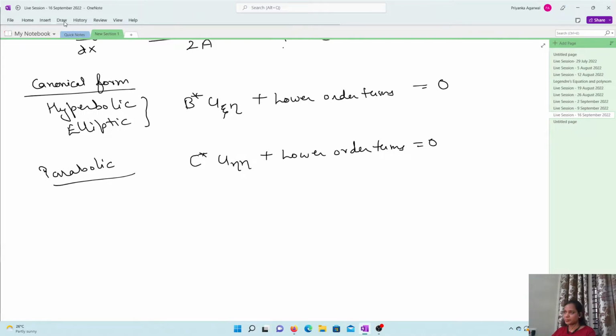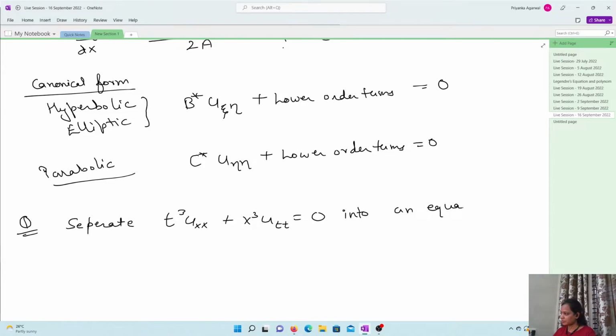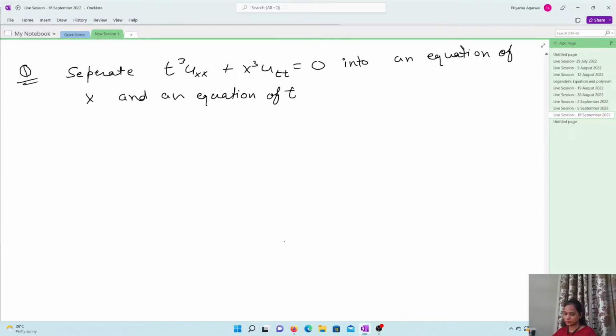Now let's solve some problems. Okay, so separate this equation into an equation of x and an equation of t.